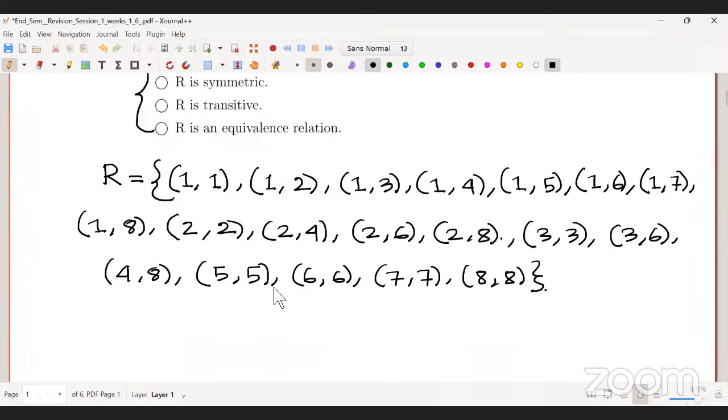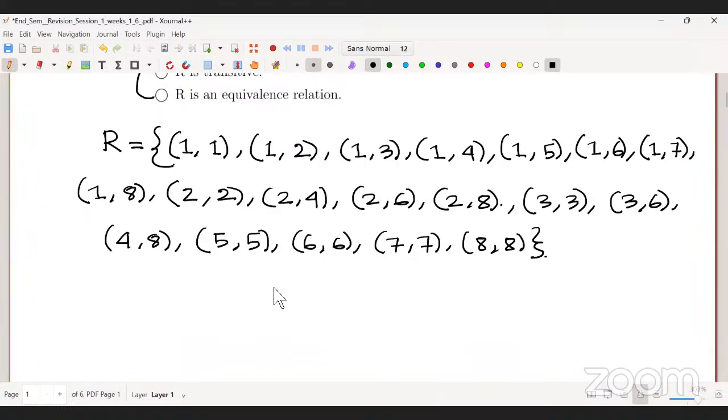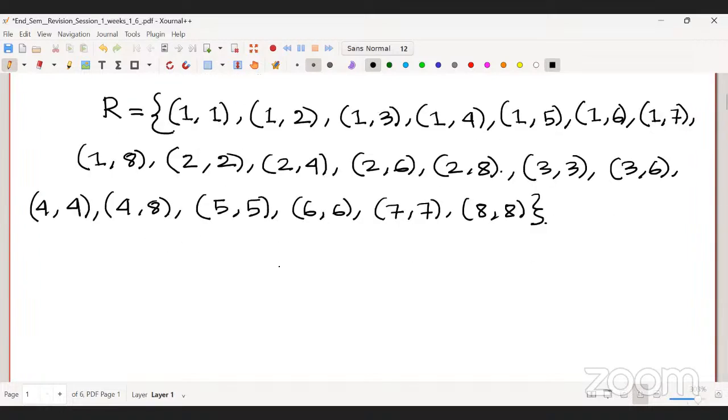For reflexive, what you need to check is that a comma a is in R for all a in A. That is the property you should check to say that this relation R is reflexive.